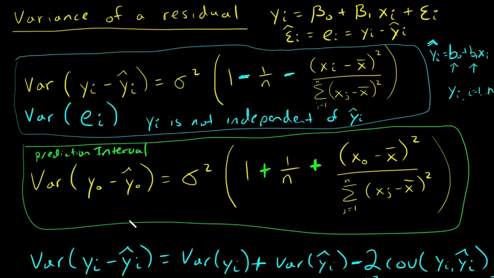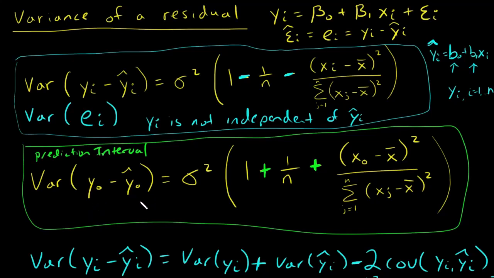When we are constructing a prediction interval, we use this not notation because we're trying to say that this prediction is not an observed value of y. We're not using i, we're not using any number, i equals 1 to n. We're purposely trying to stay away from those, and we're using this not notation to denote that this y is not an observed value of y.